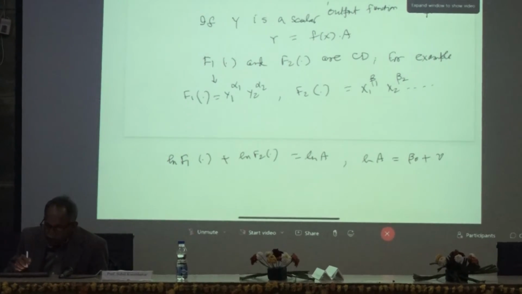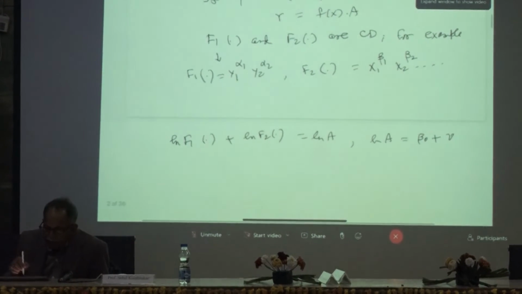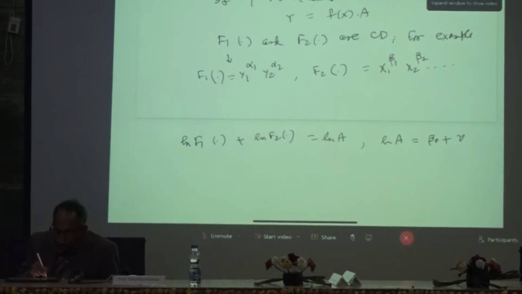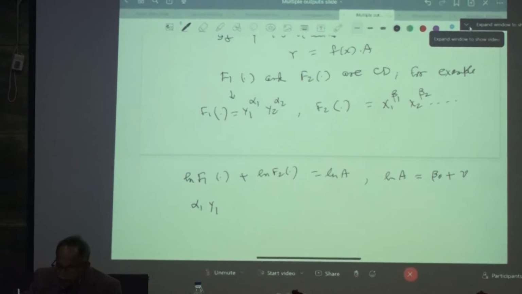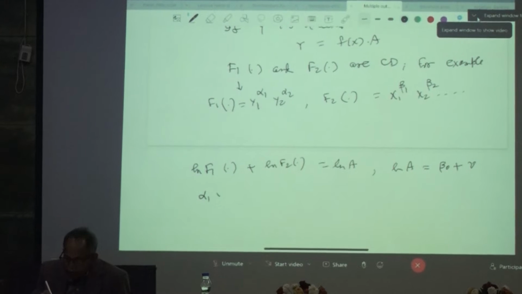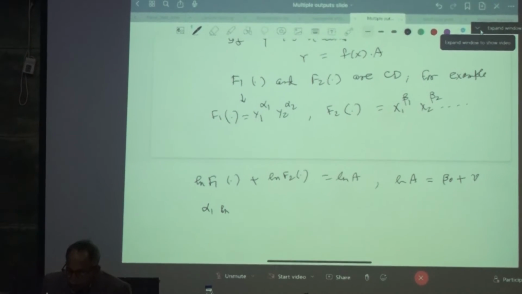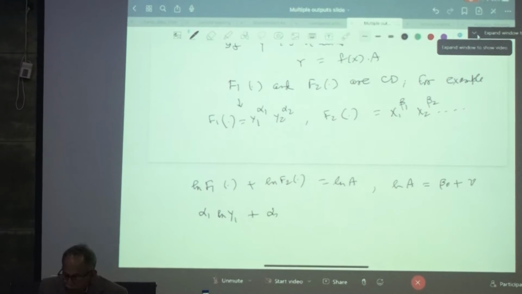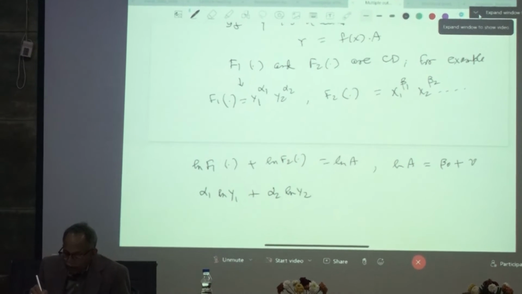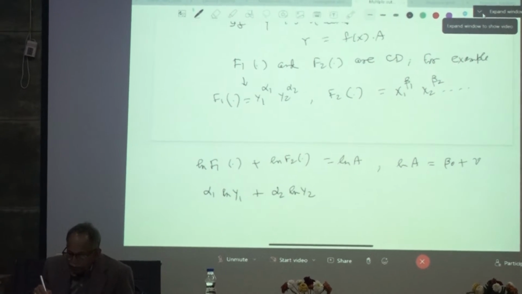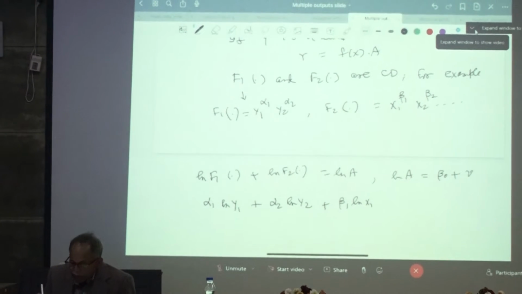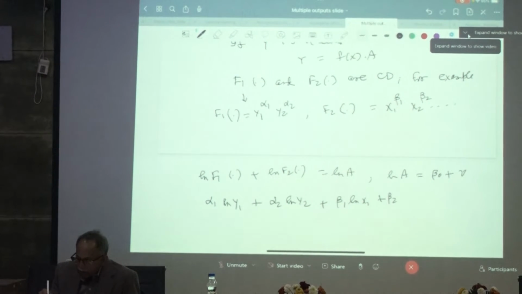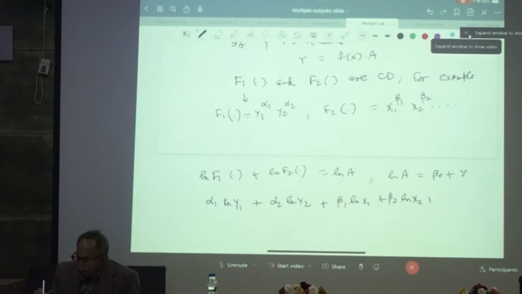So if I write it out fully using this f1 and f2 that I have in there, I can get alpha 1 log of y1 plus alpha 2 log of y2, so this is the output function part, and then again beta 1 log of x1 plus beta 2 log of x2 and so on, and then on the right hand side you will be getting beta 0 plus b.